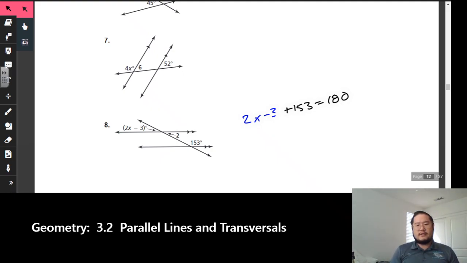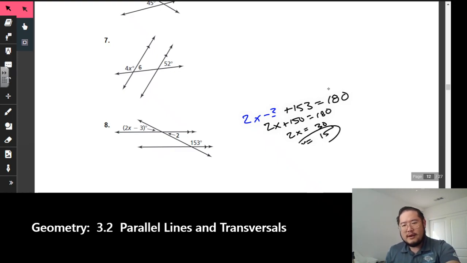Let's solve this out. We get 2x plus 150 is equal to 180. Subtract 150 from both sides, and 2x is equal to 30. Then divide both sides by 2, and x is equal to 15. And there you have that answer right there.